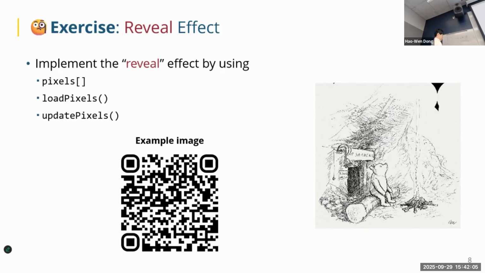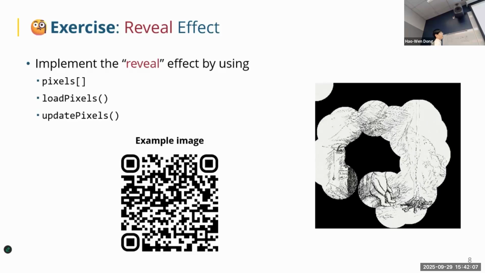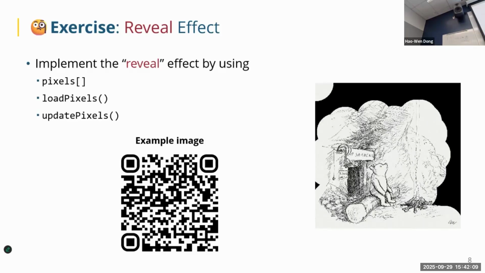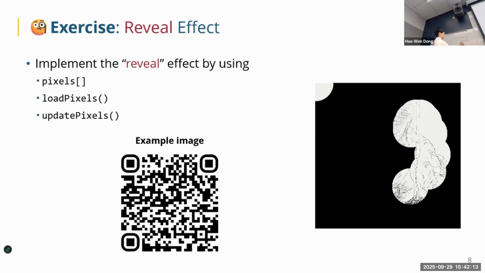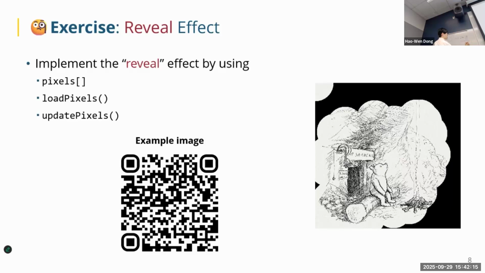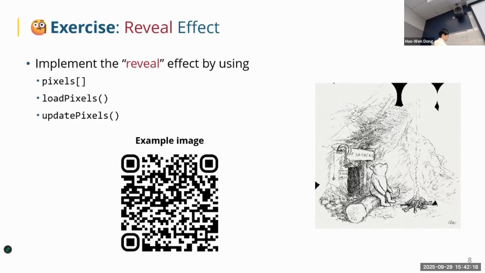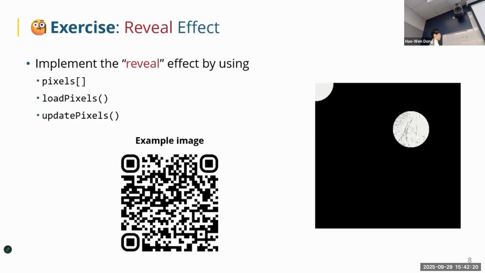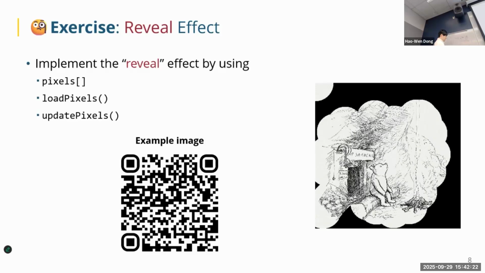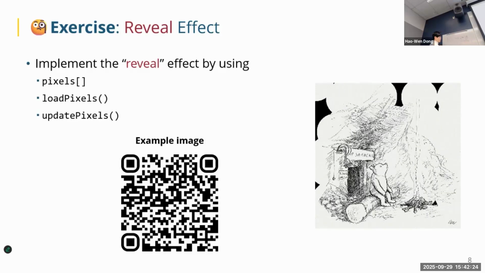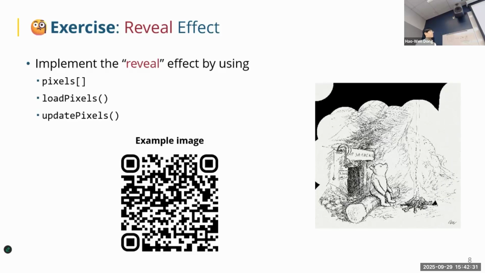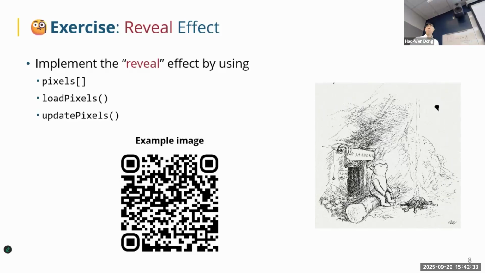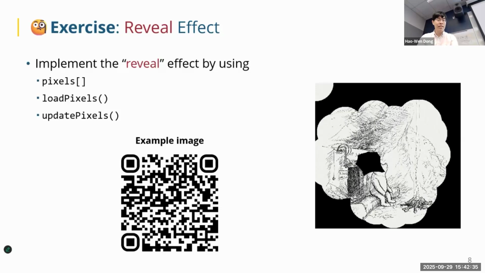So what you want to do is that now you have a mouseX and mouseY. For that particular region, you want to grab that region and put it into this array. And once you put it into this array, you want to send it back to update the pixels. So think about how you can implement that.